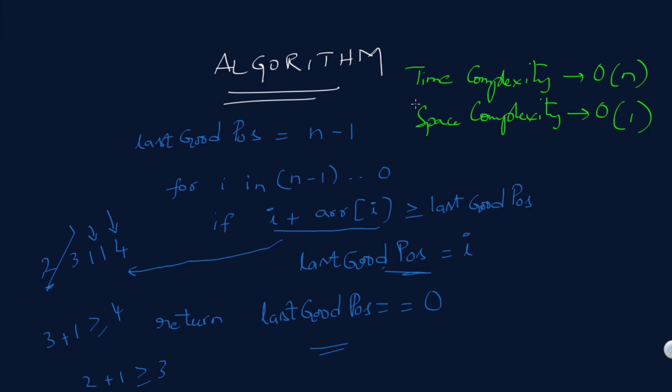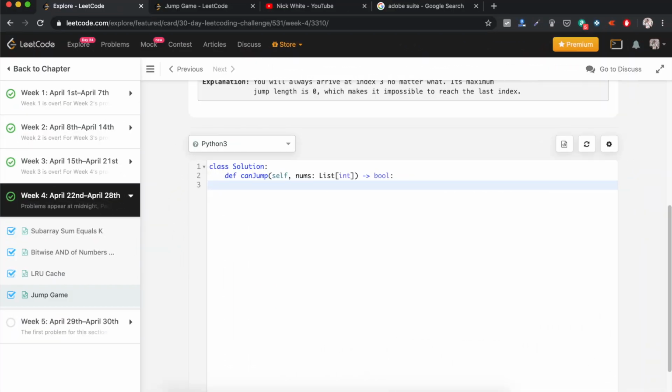Here, since we are traversing only one time, the time complexity is O of n and the space complexity is O of 1. So let us code through the solution of this problem. Here we are taking last good position equal to length of nums minus 1, for I, x in reversed of list of enumerate nums.